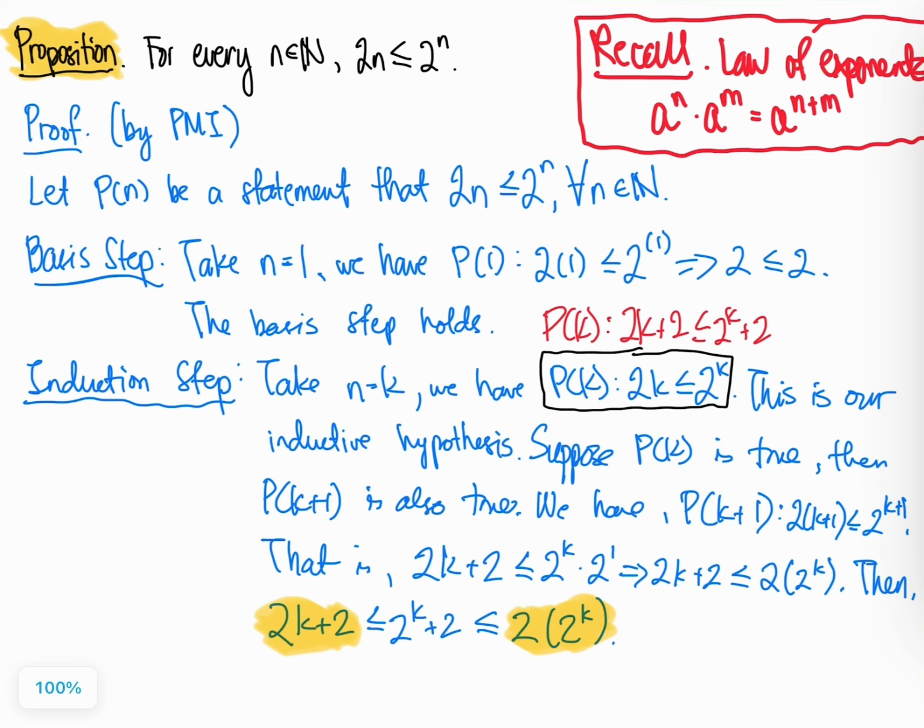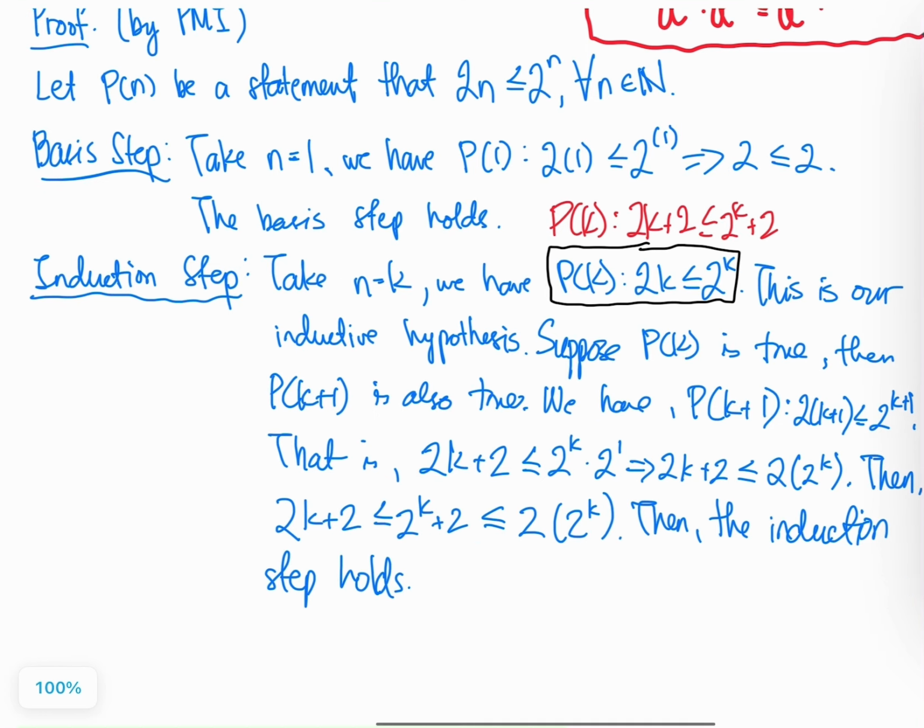That completes our induction step: for the statement P of k plus 1, this statement always holds. So the induction step holds. With this, we can say that we're actually done.